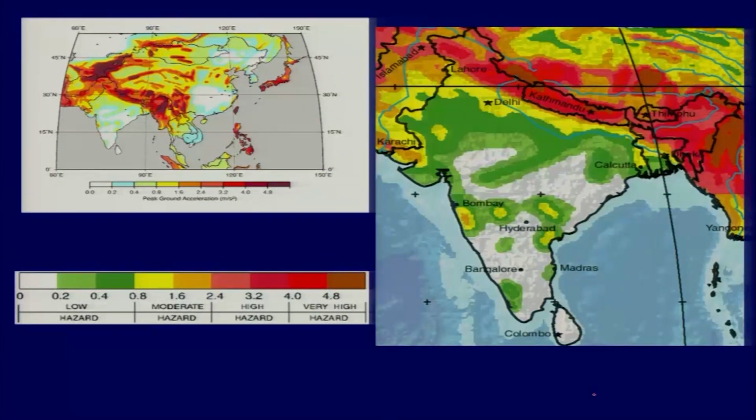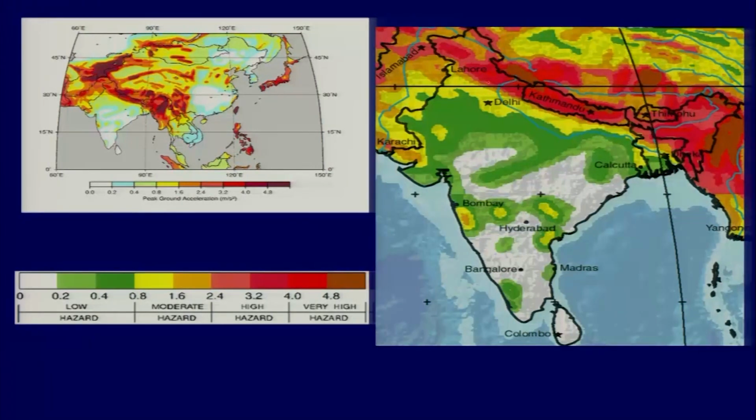So, this is the seismic zonation map showing the intensity the different areas will experience. But I would like to mention that the Ministry of Earth Sciences, and in particular the National Center for Seismology, has taken up a big project with an aim to go for microzonation of 30 cities in India.